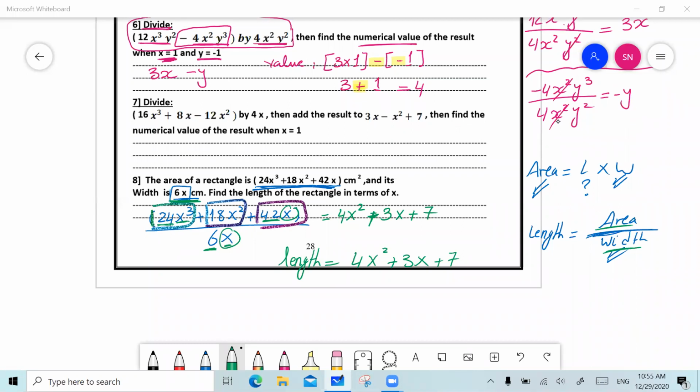Malak, what's your question? Taqi? Miss, I didn't really understand it. What? Question number 8? Yes. Okay.